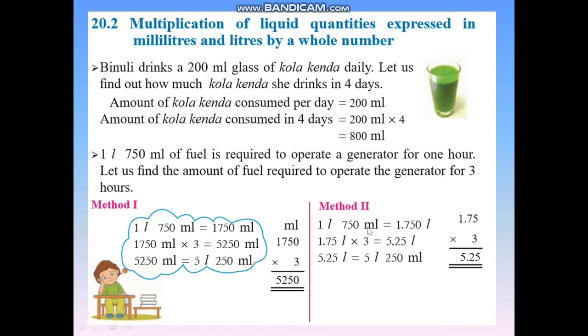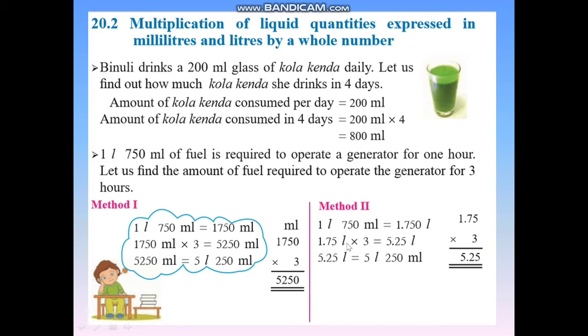In the next method, they have converted this into the higher unit. That means they have converted the milliliters also to decimal form and taken the amount in liters. So we have 1.750 liters.